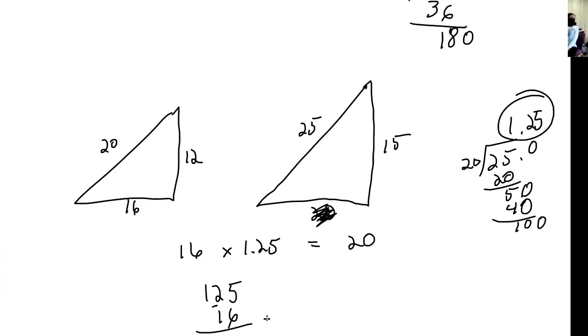Okay. Now, here's the deal. When you find the area, let's go to a more simple thing here. Let me put a couple things on here, and then we'll figure it out.